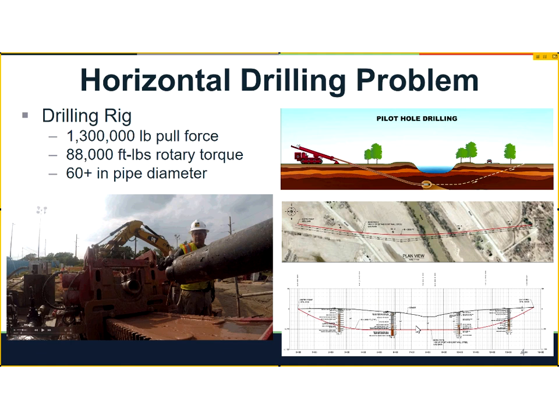And the pipe diameter can be in excess of 60 inches in diameter. And so you can imagine how much energy it would take to drag a 60-inch pipe through a hole 2 miles long.